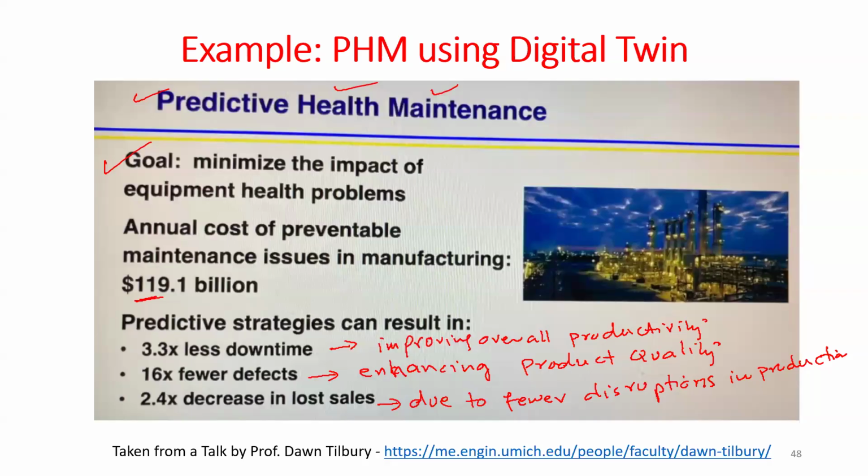This example is taken from Professor Don Tilbury from the University of Michigan. It demonstrates how digital twin technology supports predictive maintenance by combining real-time data with simulation models to anticipate and prevent equipment failures.